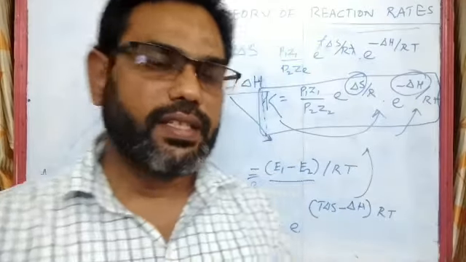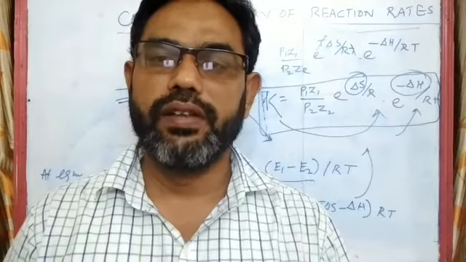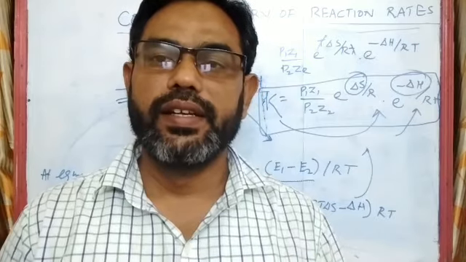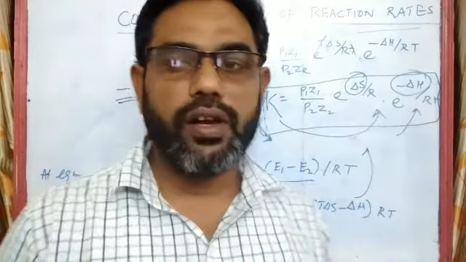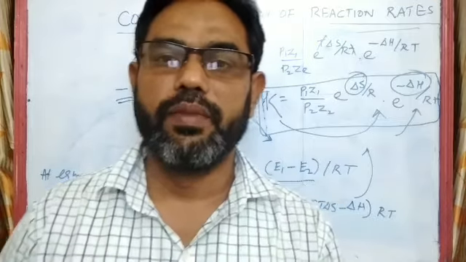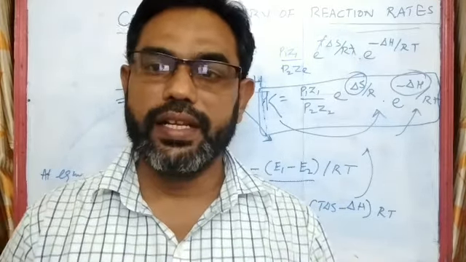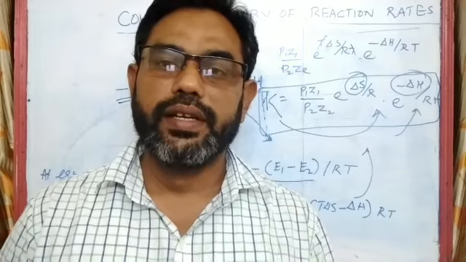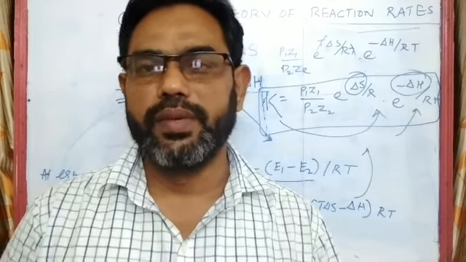So this is the difficulty with the modified collision theory for a reversible reaction, where the theory cannot explain the entropy and enthalpy terms. Classical collision theory or modified collision theory cannot explain the involvement of enthalpy and entropy, the thermodynamic terms.